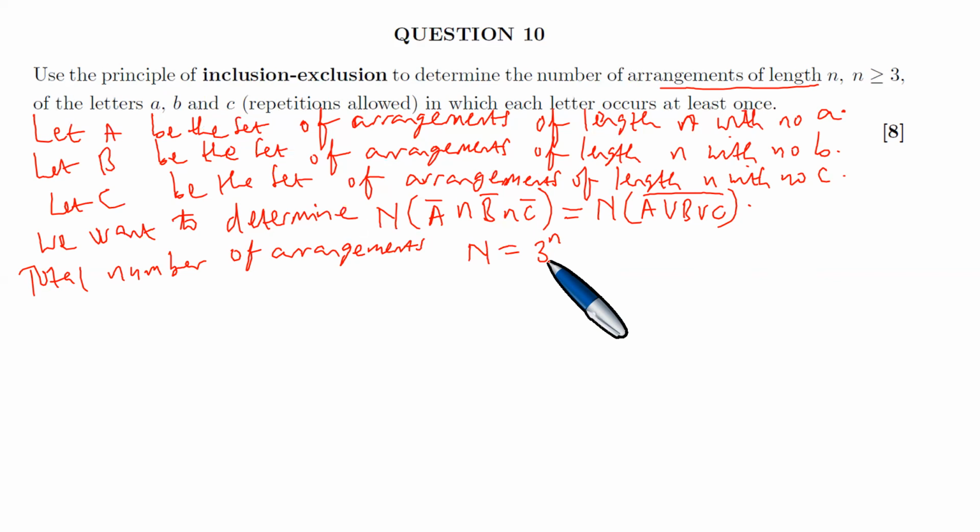If you have these 3 letters, the first letter can be chosen in 3 ways, if you're looking at an arrangement of length n. The second one, you have 3 choices. We need to do this until n, so we have 3 to the power n ways of this.